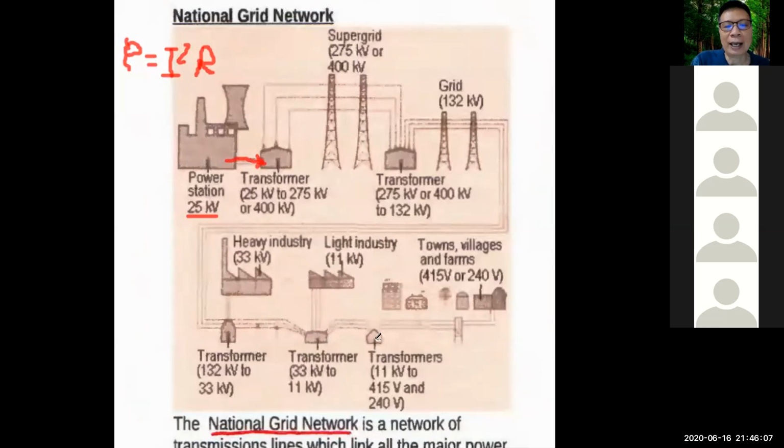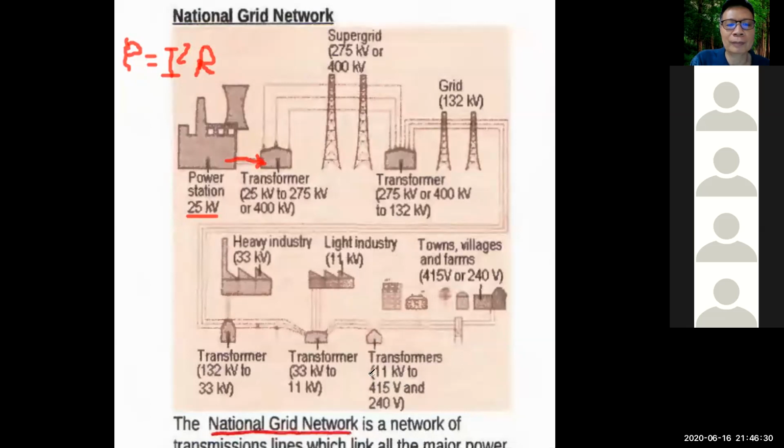Then next is another transformer, step down to 415. Okay, 415 is for schools, for big shopping centers, for hotels, for hospitals, for government offices. They use the big wattage one, 415.